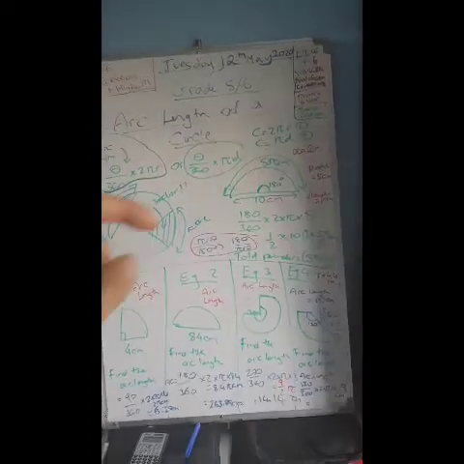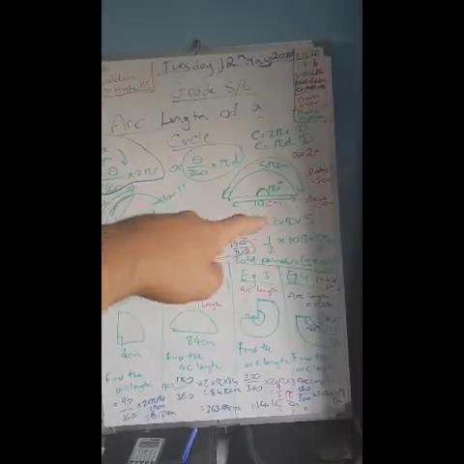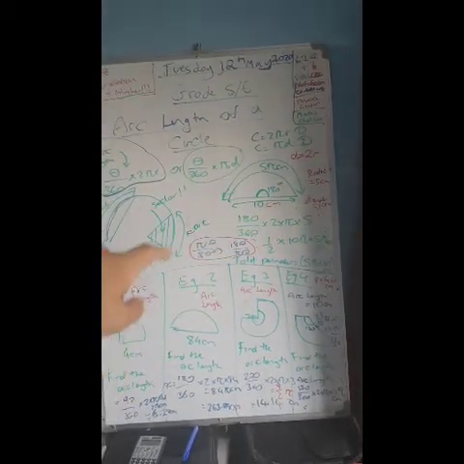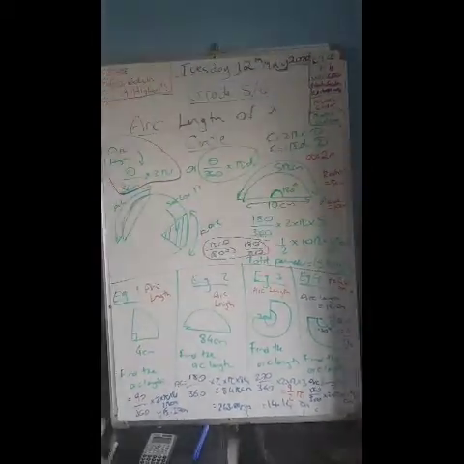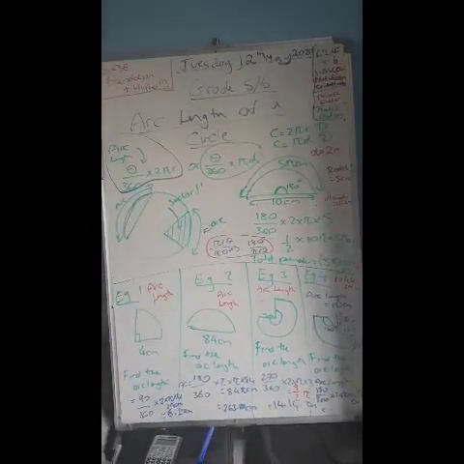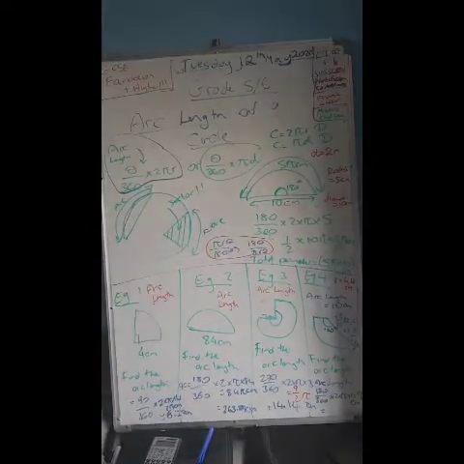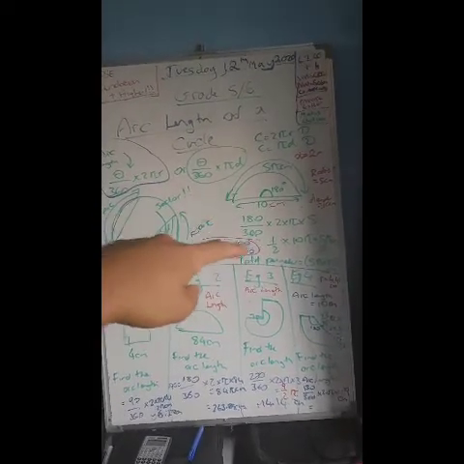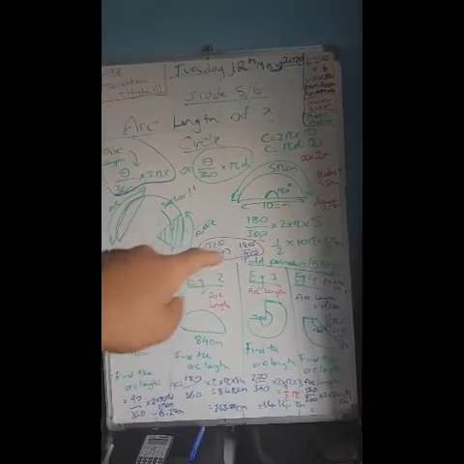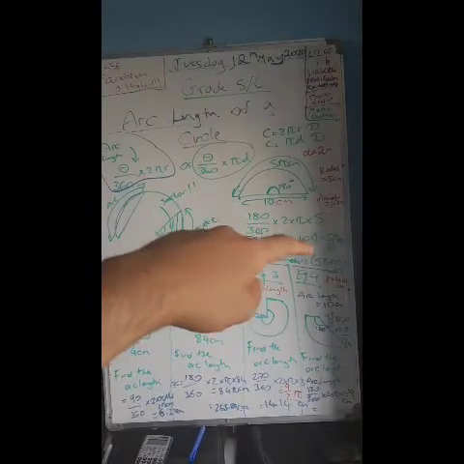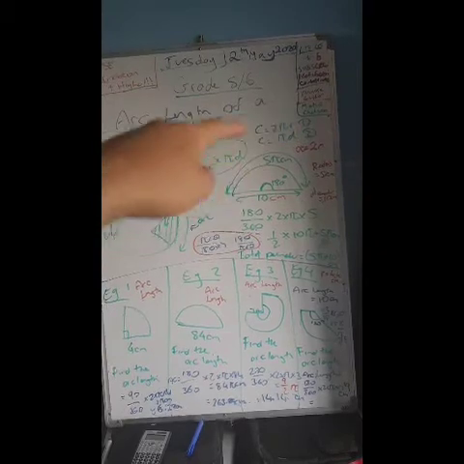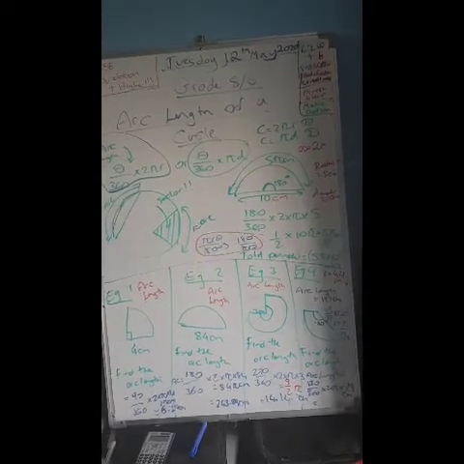Firstly, I knew the diameter was 10 centimeters, so the radius was equal to 5. I subbed that into the formula: 180 divided by 360 times 2 times pi times 5. That gives me a half, because 180 is just half a circle, so it's half times 10 pi, which gives me 5 pi centimeters. So this part here is equal to 5 pi, and that will be my answer.